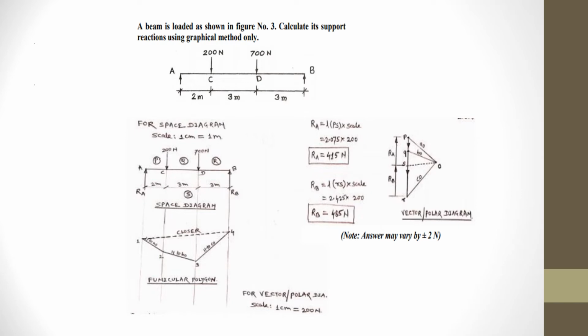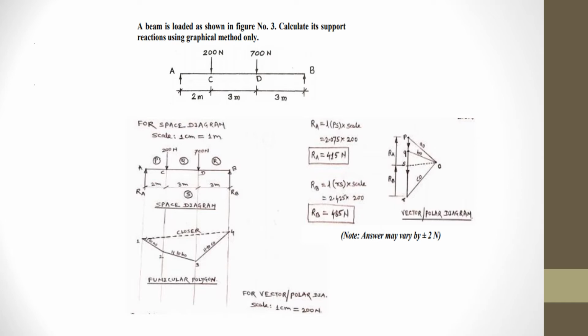Now next example, a beam is loaded as shown in figure. Calculate its support reaction using graphical method only. So we will find support reactions by using graphical method. So given as beam having points A, B, C and D. At point C there is a point load 200 Newton.